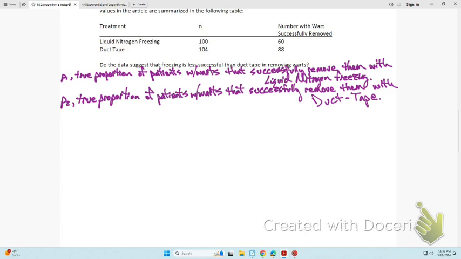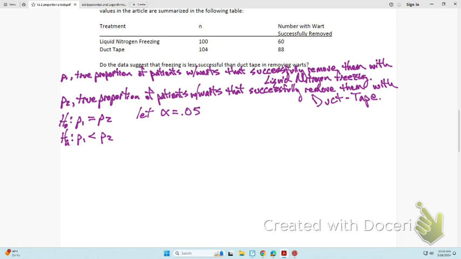Our two hypotheses, the null, we assume no difference. And HA, they ask it right above where I wrote, is freezing less successful? Is P1 less than P2? They don't give us an alpha, so let alpha equal 0.05 and move on to the plan step.